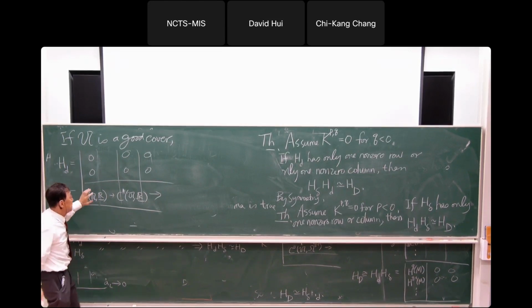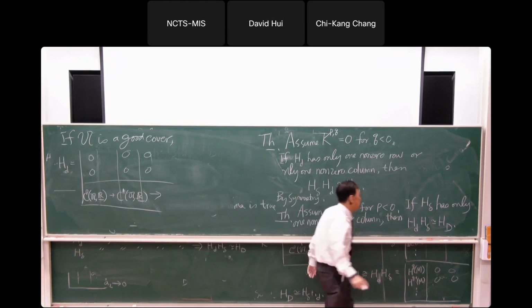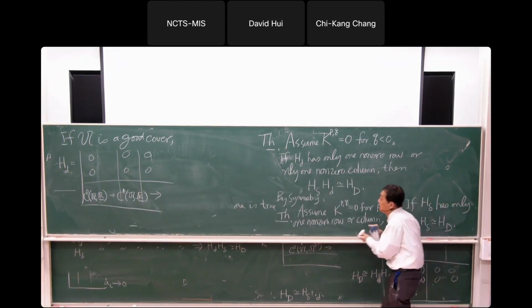And then H delta HD will give you the Čech cohomology of the open cover.